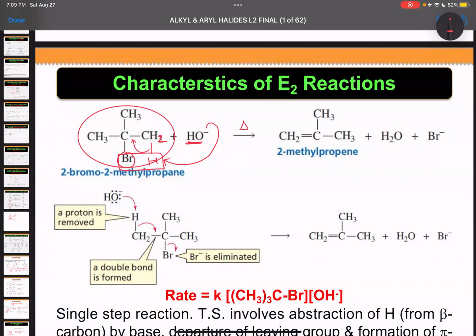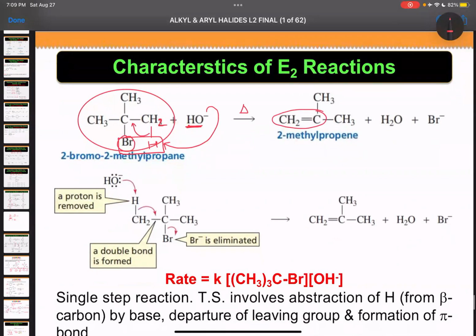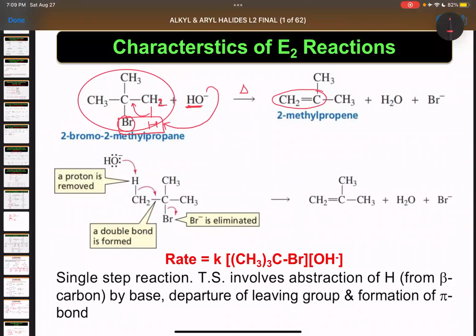Okay, and what will come in place of H and Br? Who will come in place of H and Br? Yeah, double bond. Yeah, exactly. So there is a double bond. Okay, elimination reaction.